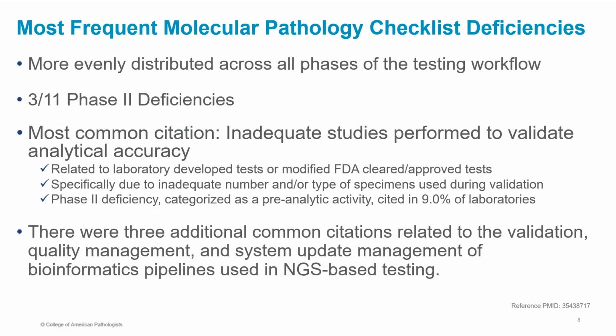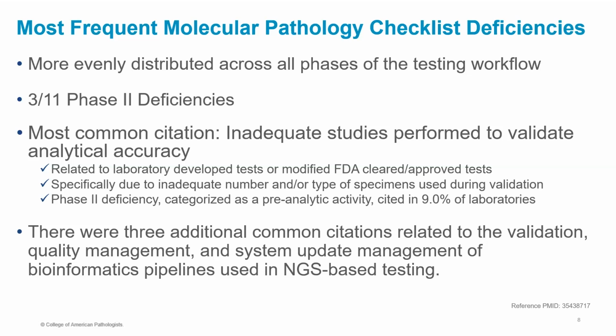The most frequent molecular pathology checklist deficiencies were more evenly distributed across all phases of the testing workflow, pre-analytic, analytic, and post-analytic. Less commonly here were phase 2 deficiencies. The most common citation was inadequate studies performed to validate analytical accuracy.